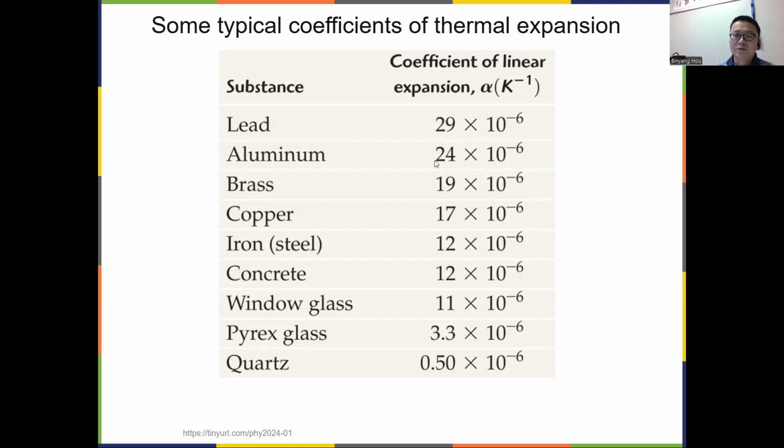Although these are larger than other materials, all these numbers are actually pretty small because they are all multiplied by 10 to the minus 6. You see concrete, glass, and then quartz, they are smaller than those metal materials, although some are getting closer. But lead, aluminum, and brass are larger than the others.